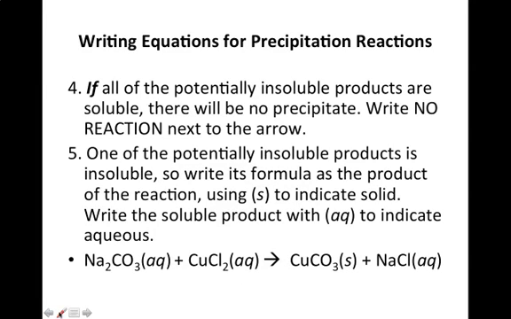So the copper carbonate that we had is the precipitate that forms. We write our other species back together with AQ because that indicates they're dissolved in solution, and the sodium chloride that forms will be AQ also because it's soluble in the reaction solution.